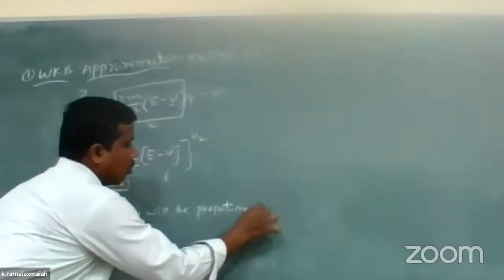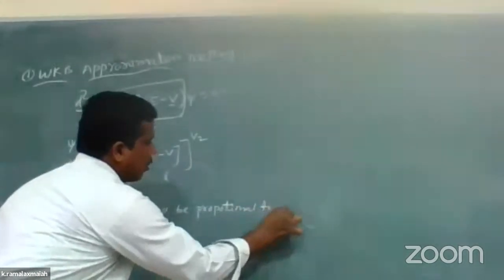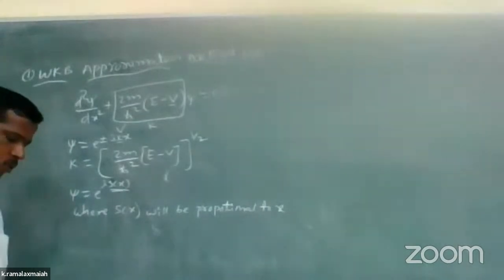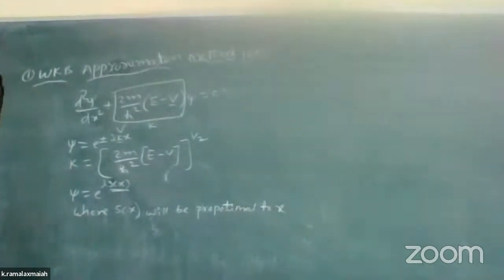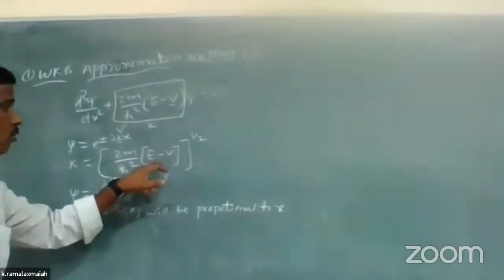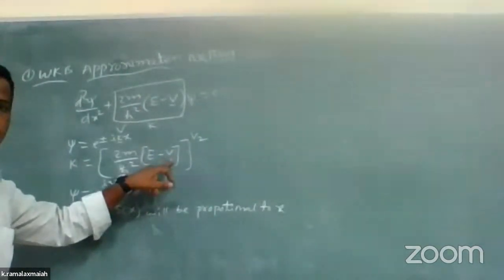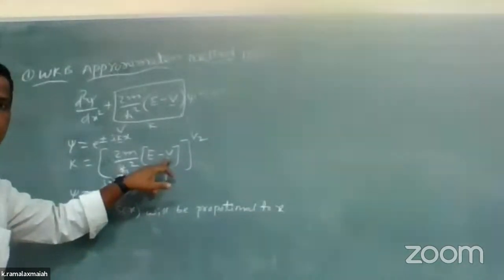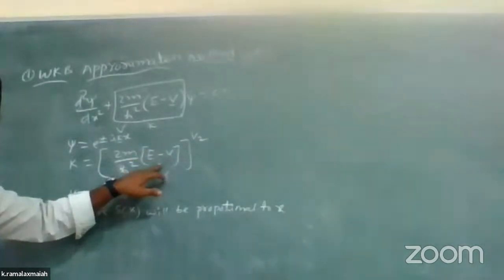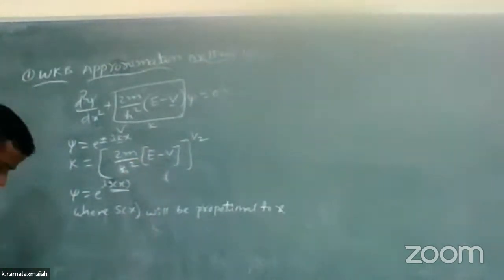These are two cases. The proportional to x value simplifies into two cases: E greater than V of x, and E less than V of x. That is the two cases that divide from this formula.